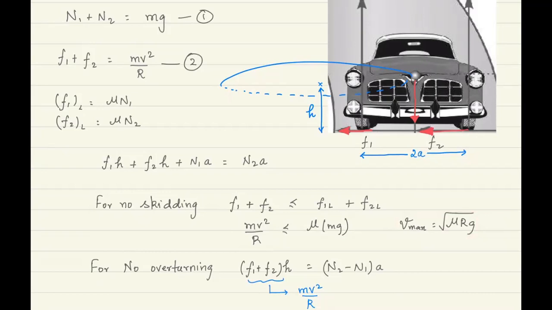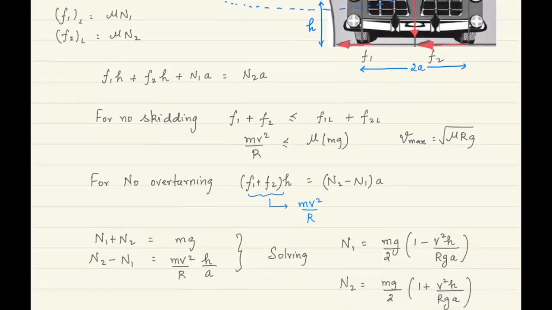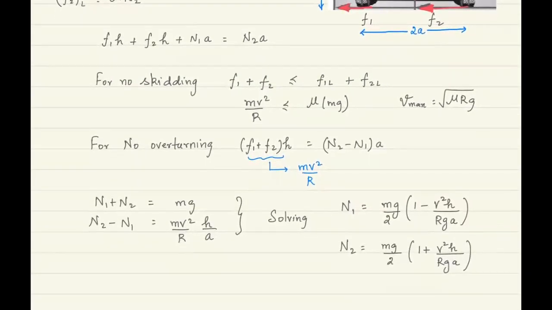Now if there is to be no overturning, additionally this torque rotational equilibrium condition should be satisfied. And we know F1 plus F2 from equation 2 is equal to mv square by r. So if we rearrange that equation, we get mv square by r equal to N2 minus N1 times a.